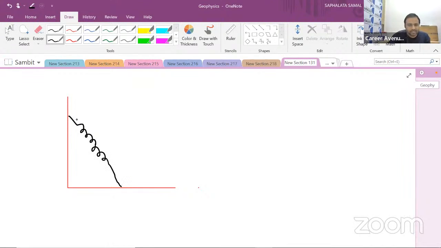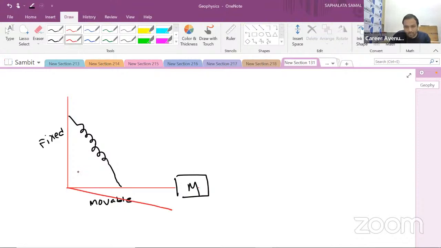This is the fixed end. This is the movable end. And this is the mass. So when I am bringing this machine to another place where the g value is increased, this part of the arm can move, it can go down, because more g means more force.